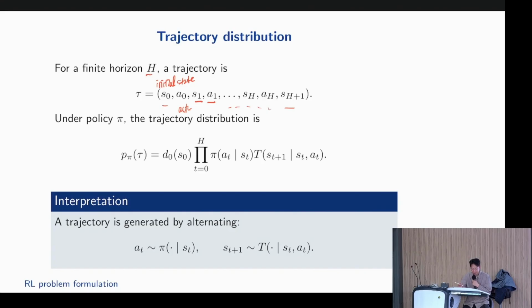Under a policy pi, the trajectory distribution p_pi(tau) can be factorized by the probability chain rule as follows. First, state S0 is sampled from the initial state distribution. Then the agent decides the next action.